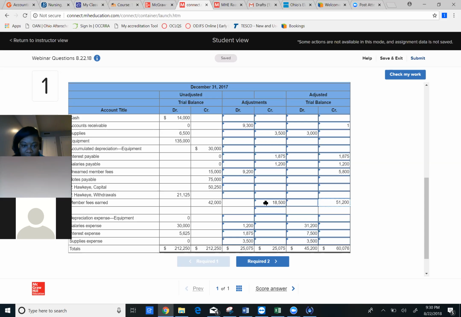So I'm going to add the 42,000 to that one, and it's going to be $60,500. Make sense? Yes, because you have to subtract those two, right? Oh, no, you have to add those two. Yep, they're both credits. So one credit plus another credit is a bigger credit.